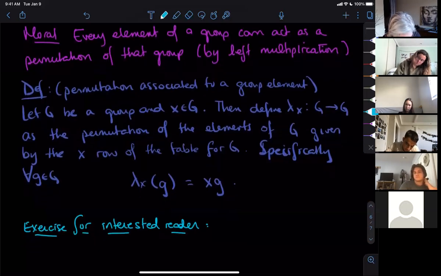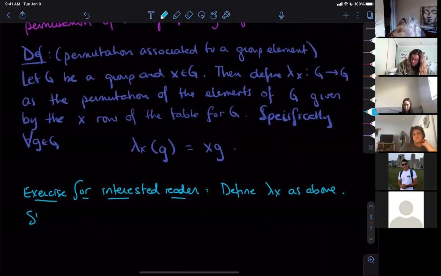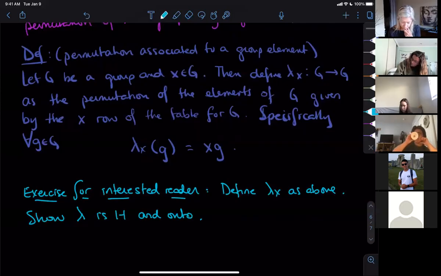So define lambda as above, and show lambda is one-to-one and onto. This will be a good exercise. It'll make sure you see which parts of having a group come into play. And it'll also, frankly, force you to get comfortable with the new notation and the new set of things. So I recommend it.